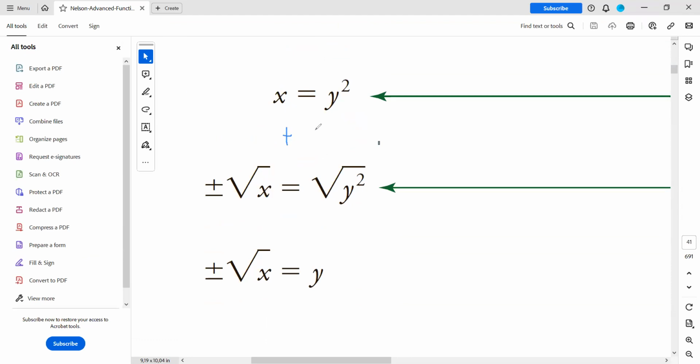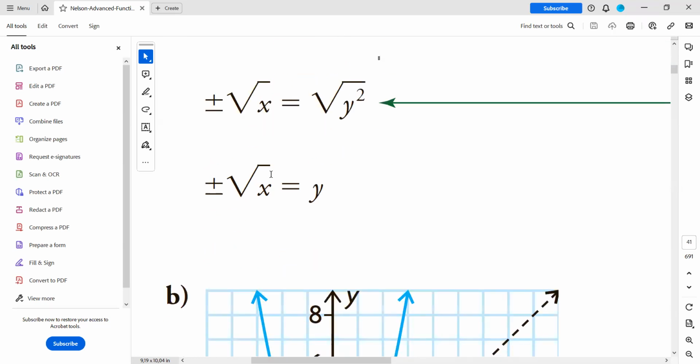We can get a positive number by multiplying two negative numbers or two positive numbers. So there are two outcomes here, plus or minus square root of x. And finally, we got our inverse relationship: plus or minus square root of x equals y.